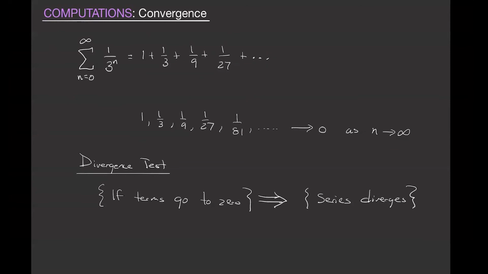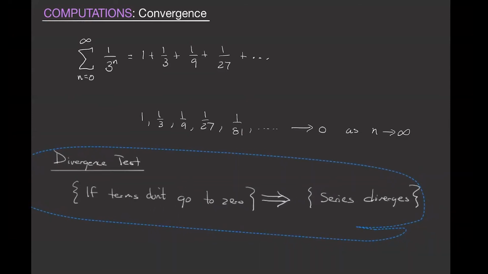Now, I can't stress this enough. What the divergence test does not say is what happens if the terms do go to 0. It says if the terms don't go to 0, the series diverges. But if they do go to 0, the divergence test doesn't say anything. So there are two cases: they go to 0, or they don't.